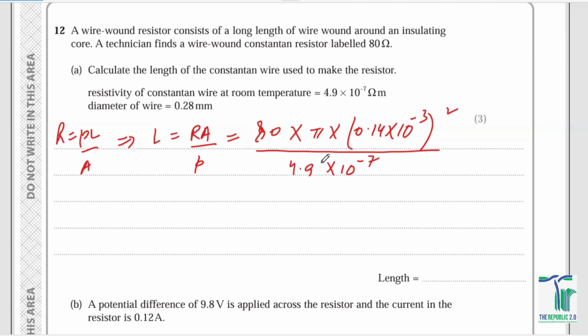So you've got 80 times pi times r squared divided by 4.9 times 10 to the power of minus 7. That is how you'll get the length, right? By just plugging all of these values into the calculator, you would have the final answer as something like 10 meters, right?